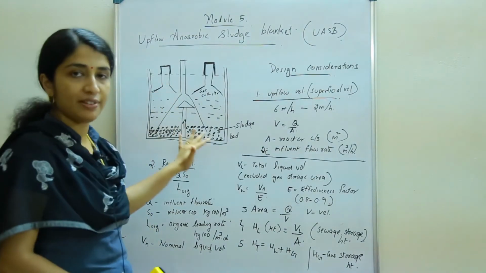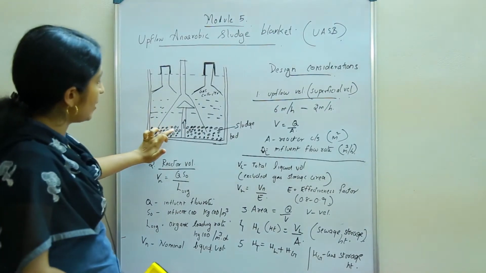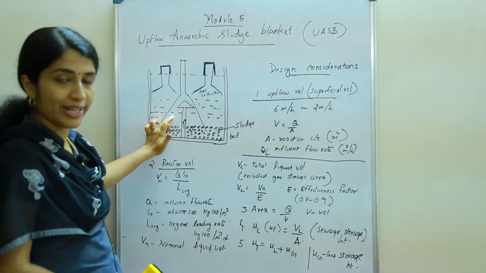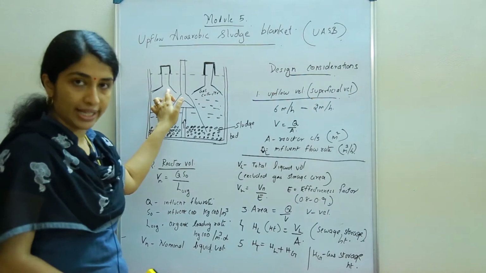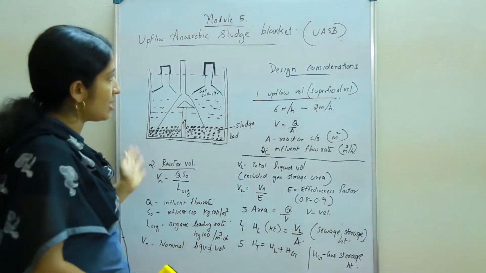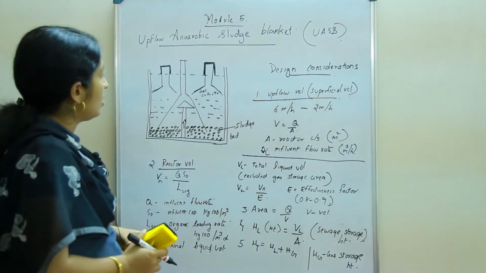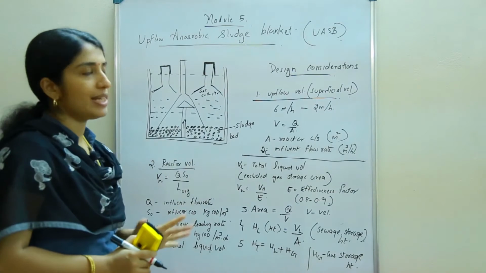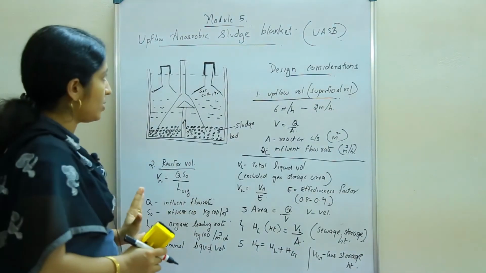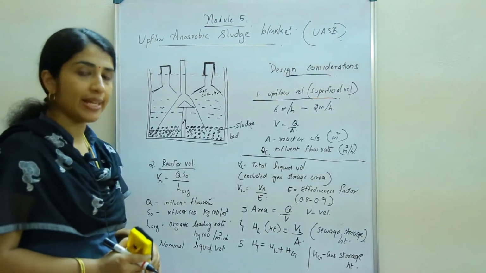So there is a three-phase separation between the sludge, the wastewater and the gas. This is the UASB, an anaerobic process, and the sludge blanket is the main thing which plays a key role in its working.